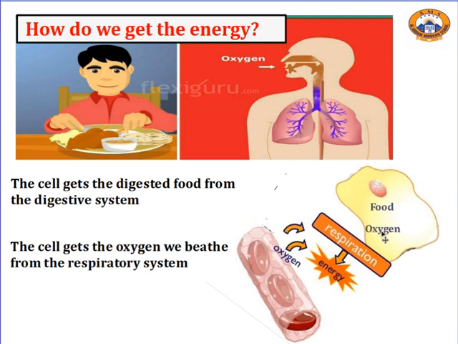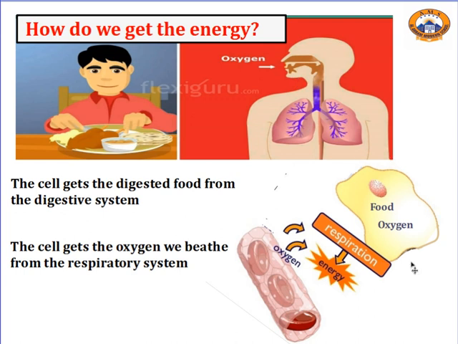The cell must contain both food and oxygen in order to produce the energy. Okay, so the digested food comes from the digestive system. From where does the oxygen come? It comes from another system, which is today's lesson. This is the respiratory system.